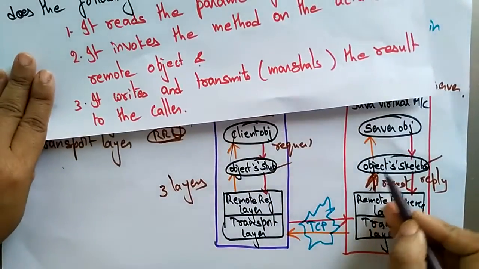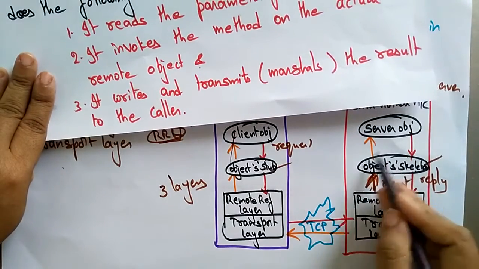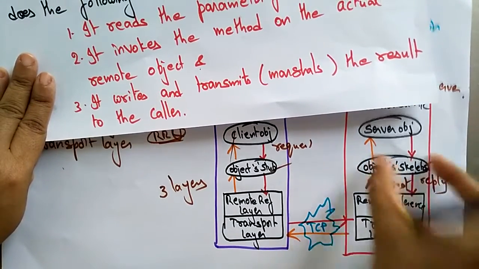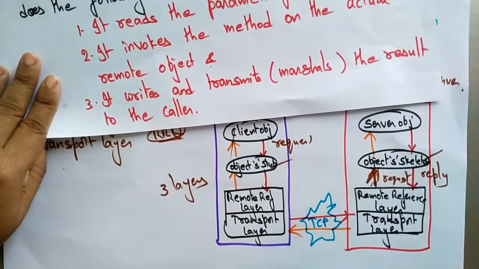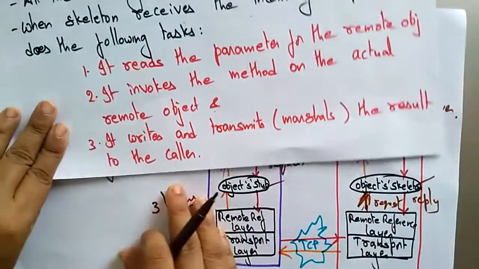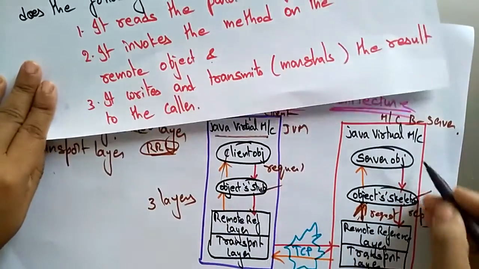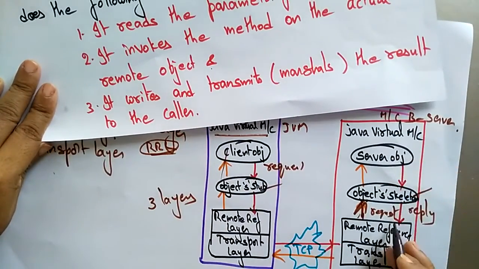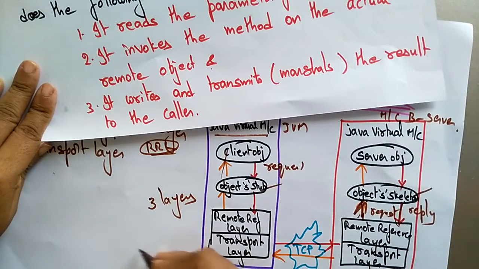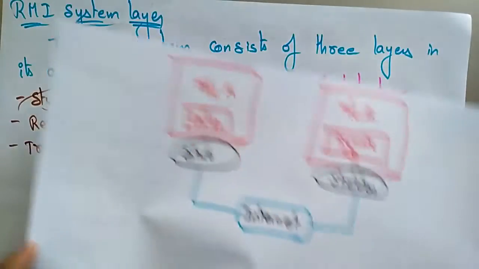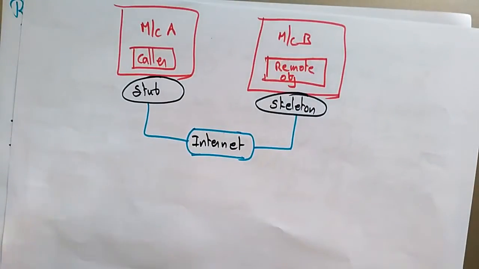That method is already present in this Java virtual machine. Then it writes and transmits, means marshals, the result to the caller. So after reading, it replies to the caller. So that is the operation of the skeleton.